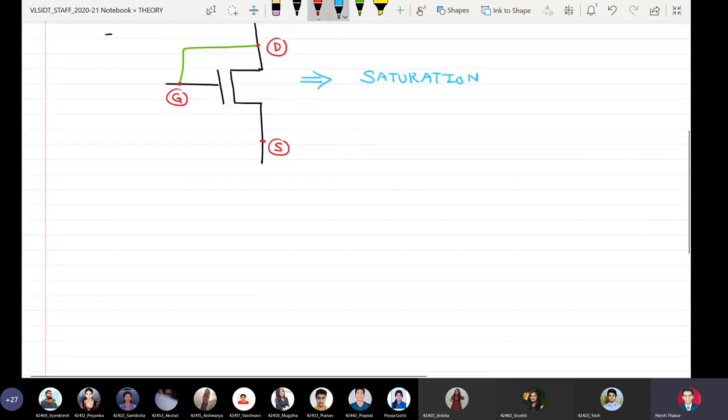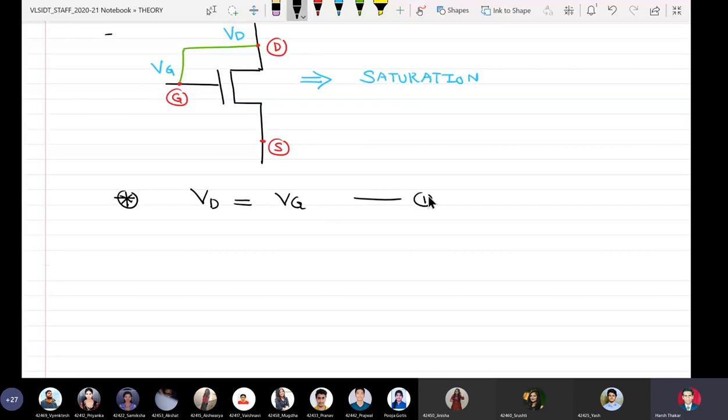So what I will do is that I will write down voltages at the node. So let the potential at the drain terminal be VD and let the potential at gate terminal be VG. Because they are short circuited, we can tell that VD is equal to VG. Let this be equation number 1.